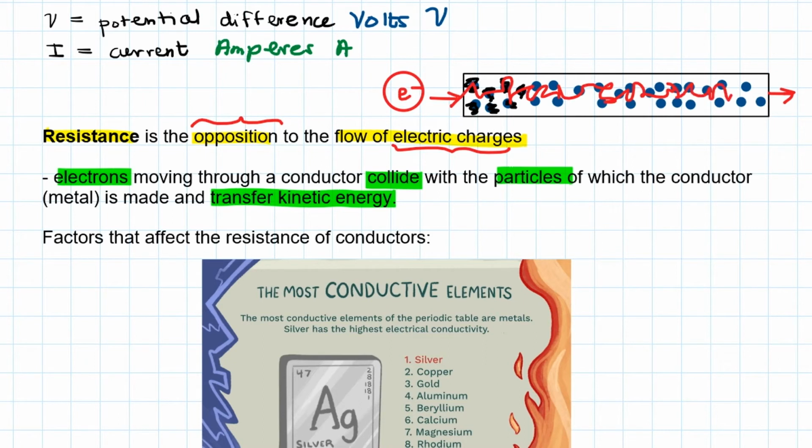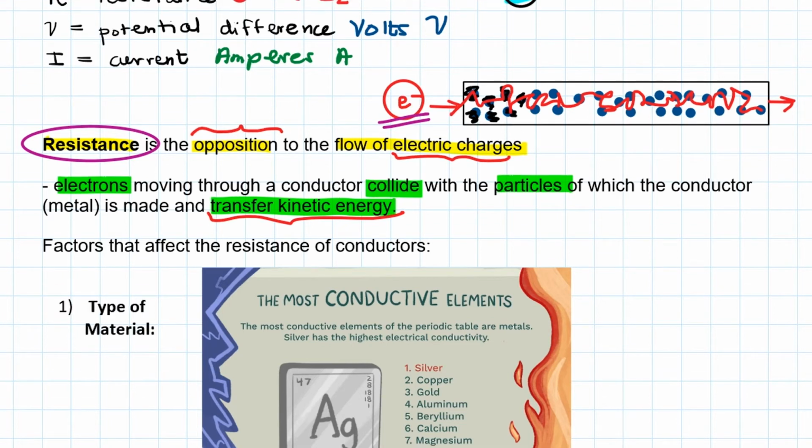And when they bump into these particles, they lose kinetic energy. They lose energy, and when we refer to resistance, we're in a sense referring to this loss of energy. The more difficult it is for the electrons to flow, the higher the resistance of the conducting wire.